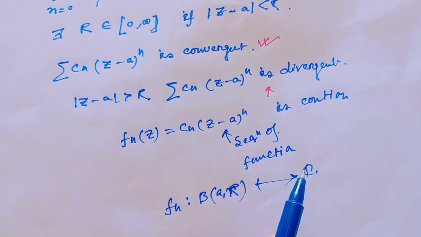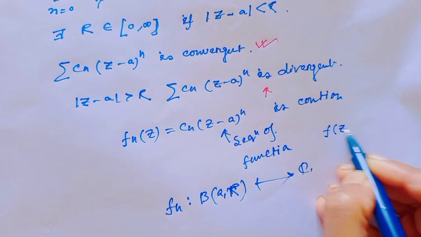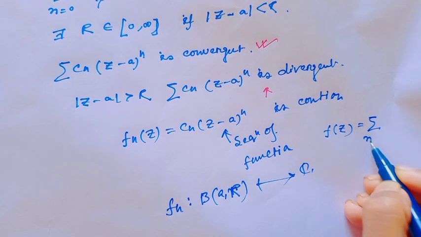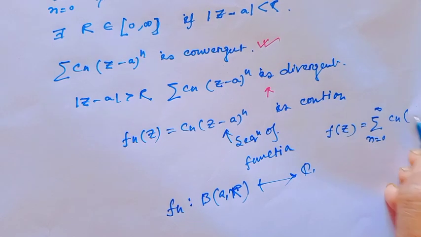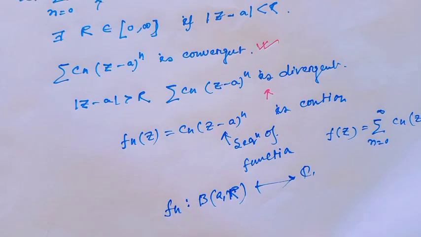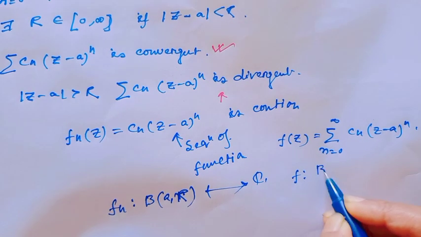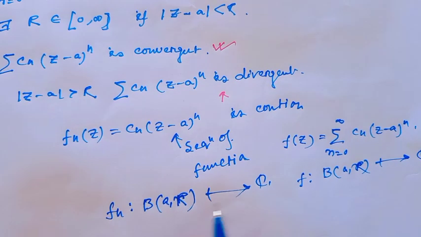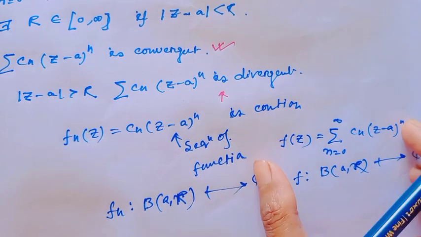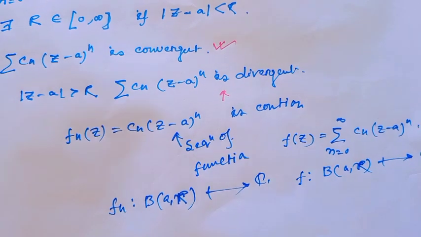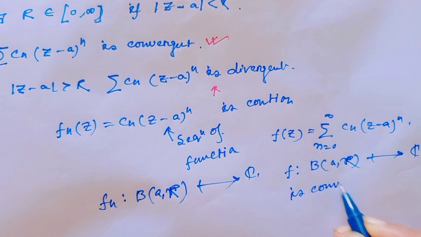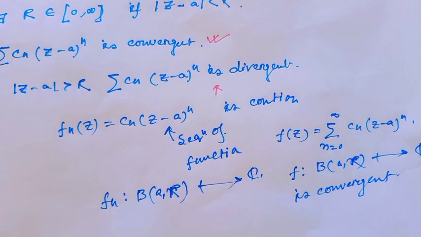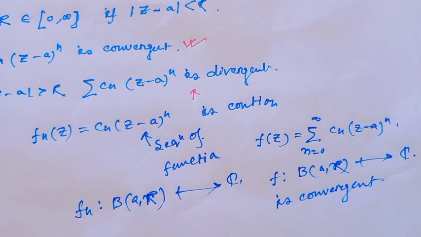This sequence of functions is convergent, because f(z) equal to the series sum from n equal to 0 to infinity of Cn (z minus a)^n, where f is also defined from B(a, R) to C. In this region this power series is convergent. Therefore, I hope all my viewers have understood the geometry of power series.